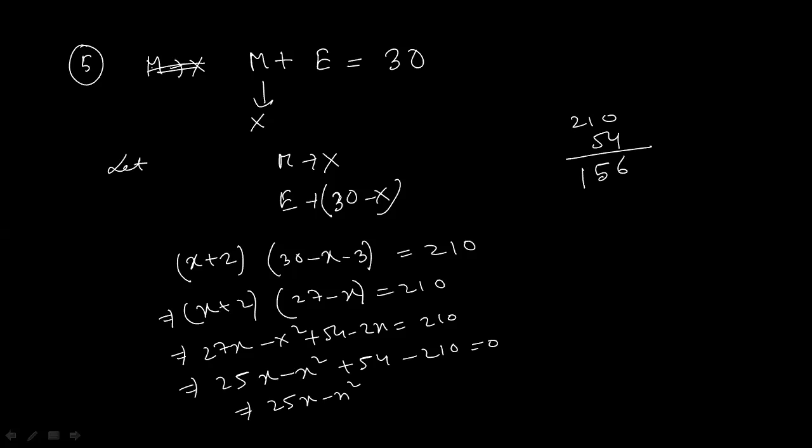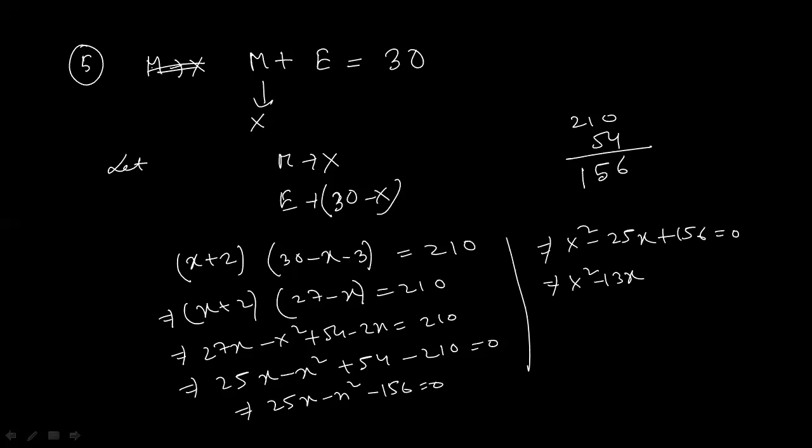Is 156 correct? Yes, 156. Now multiply by the minus sign, it will be x square minus 25x plus 156 equal to 0. Now, break this, it will be x square minus 13x minus 12x plus 156.